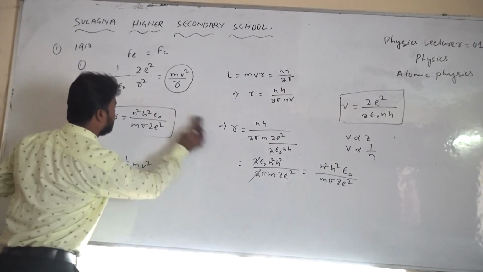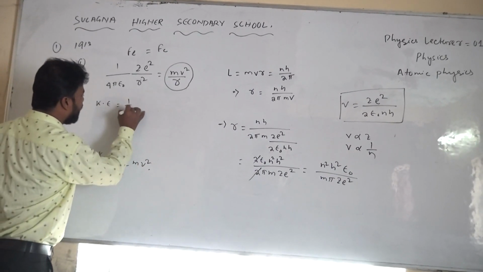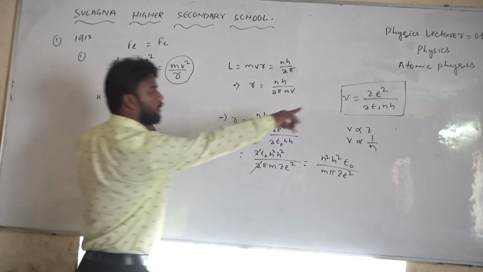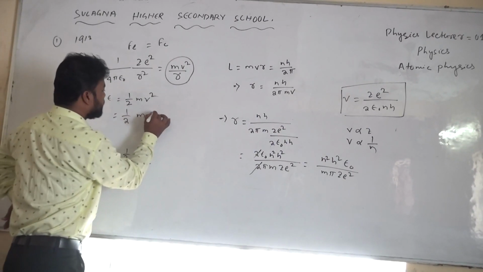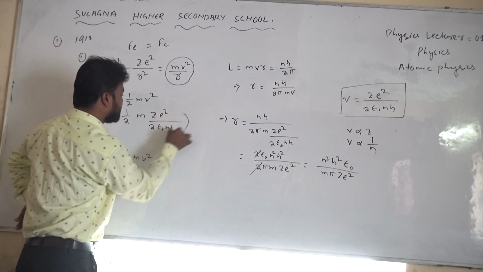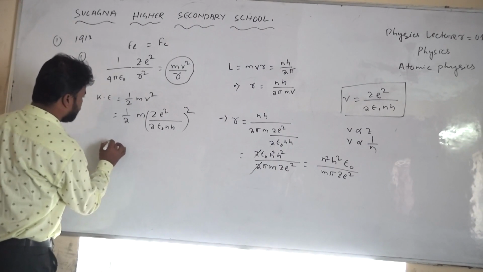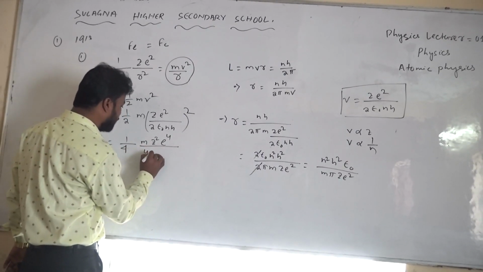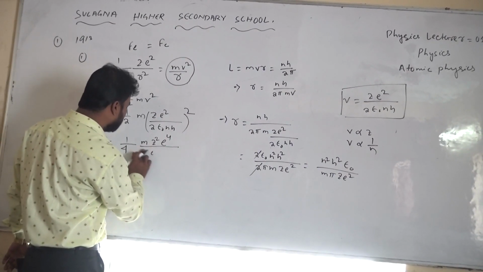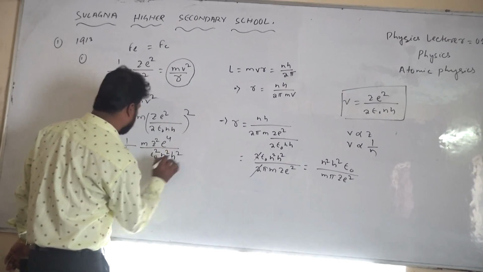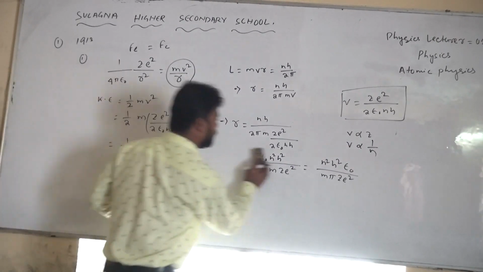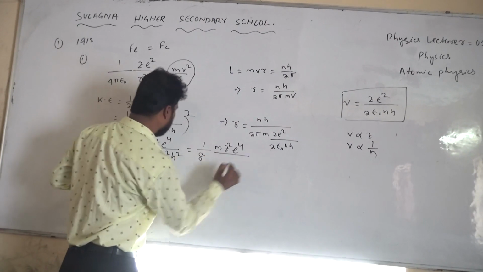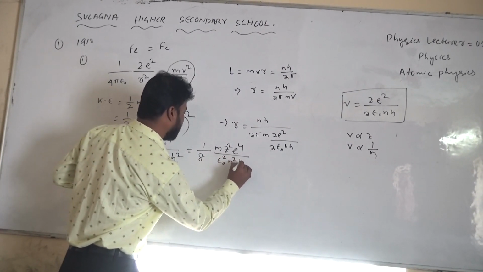First, to calculate the kinetic energy: half mv square is equal to half m times the velocity of the electron, z square by 2 epsilon naught nh, whole square, which is equal to 1 by 4 m z square e to the power 4 divided by 4 epsilon naught square n square h square, into 2, is equal to 1 by 8 m z square e to the power 4 divided by epsilon naught square n square h square.